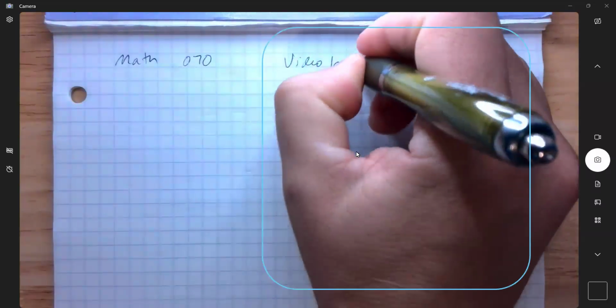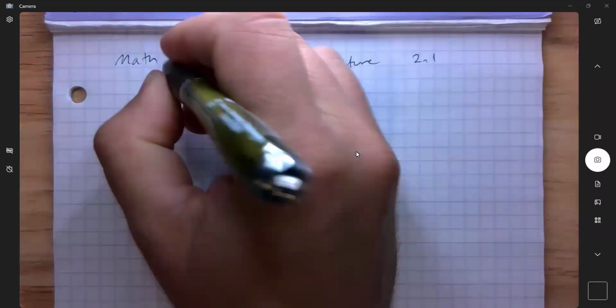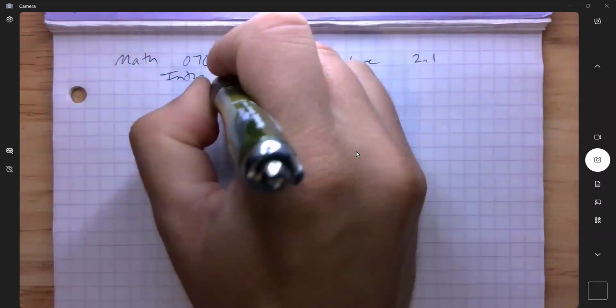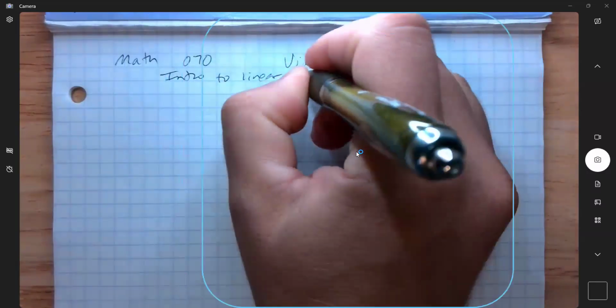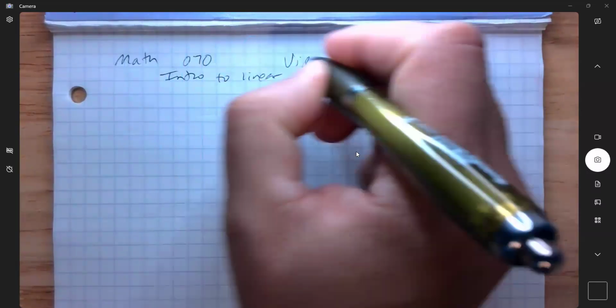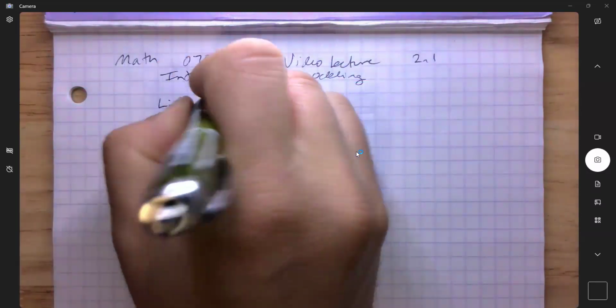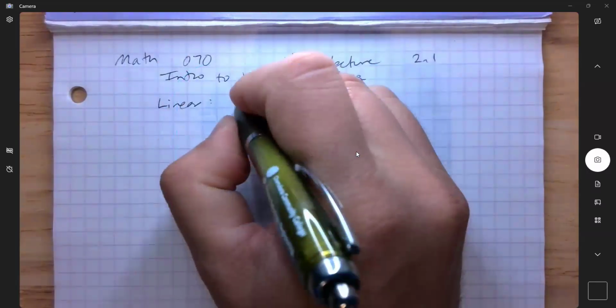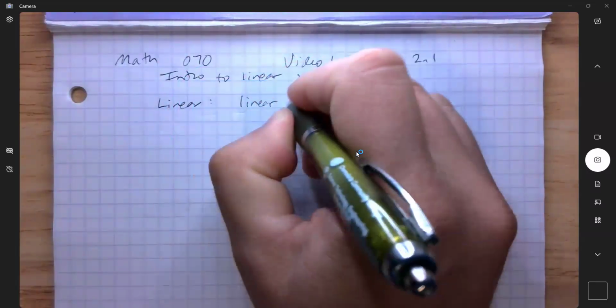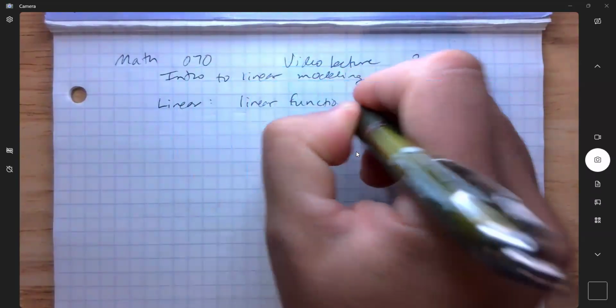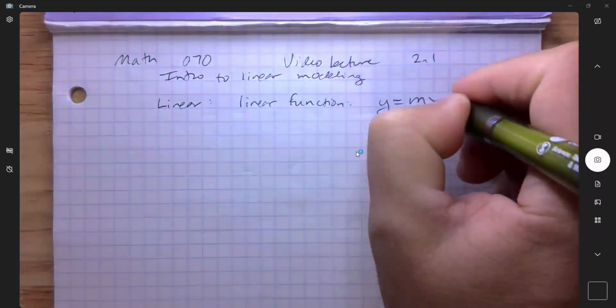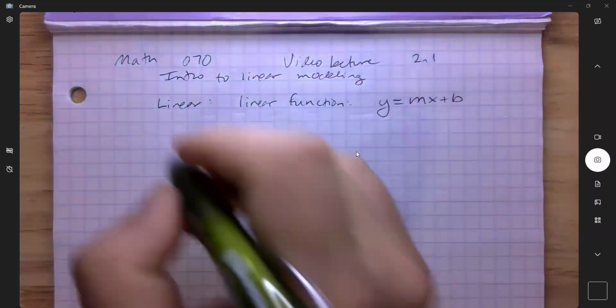Today's lecture is section 2.1, Introduction to Linear Modeling. So linear means we have a linear function, which we often write in slope-intercept form, y equals mx plus b.